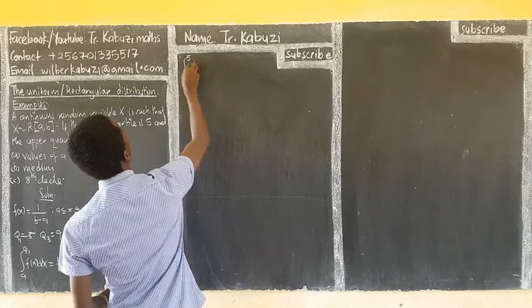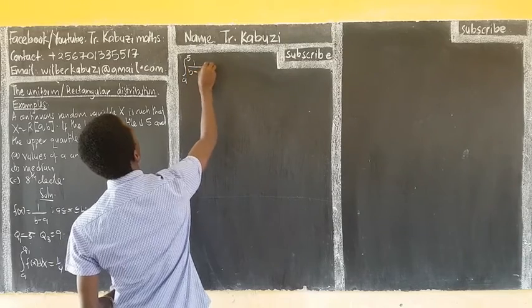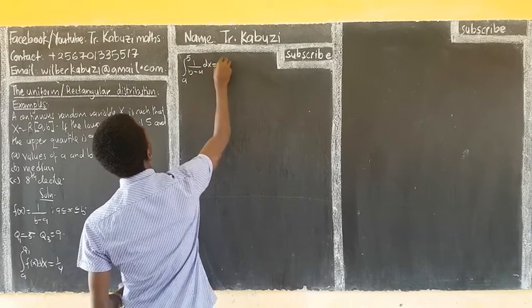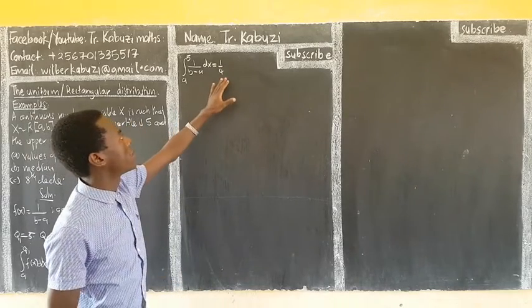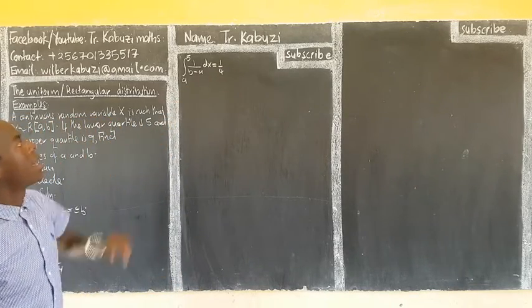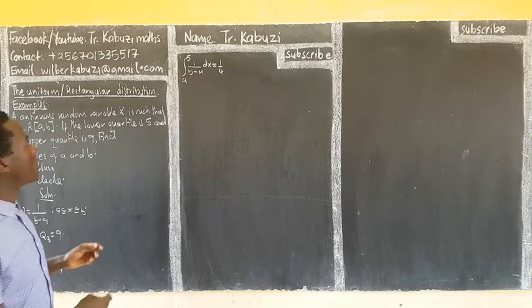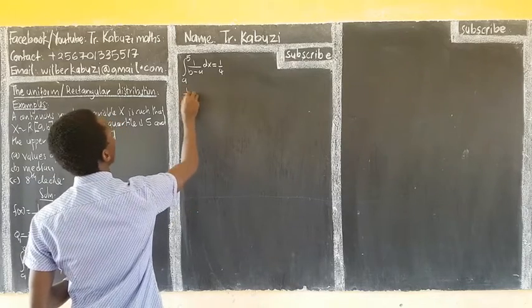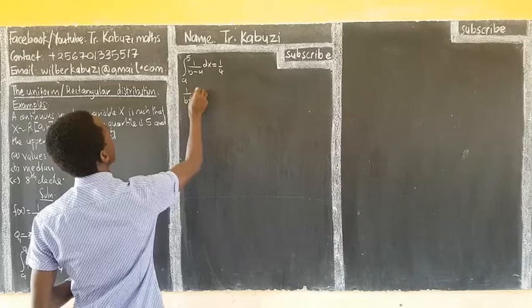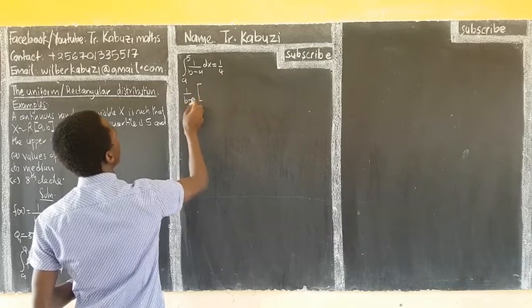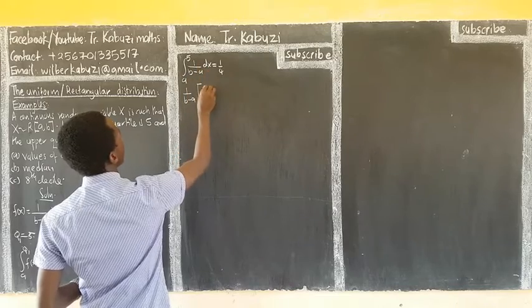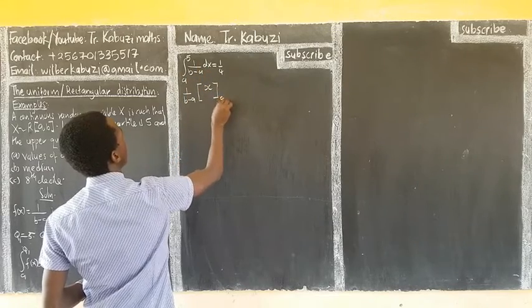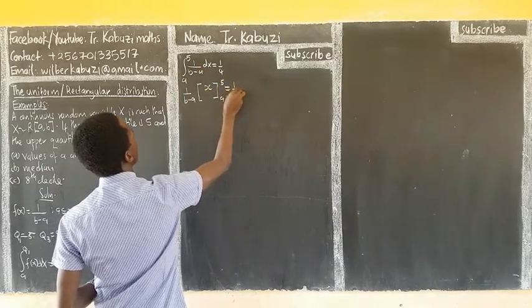The distribution is 1 over b minus a dx, equaling a quarter, because I know the first quarter should always be a quarter. When you integrate that, we get 1 over b minus a times x from a to 5 equaling a quarter.